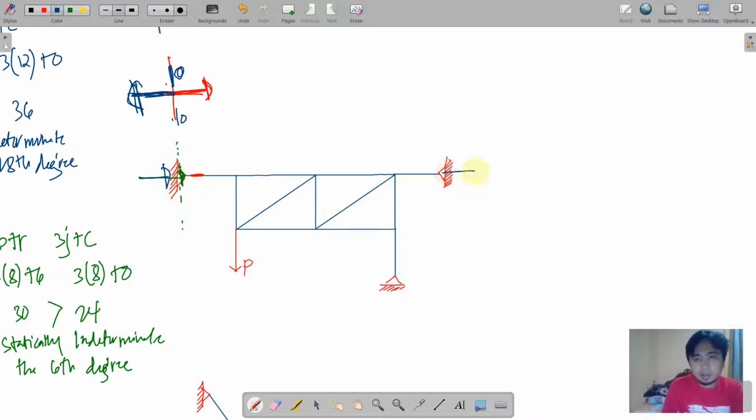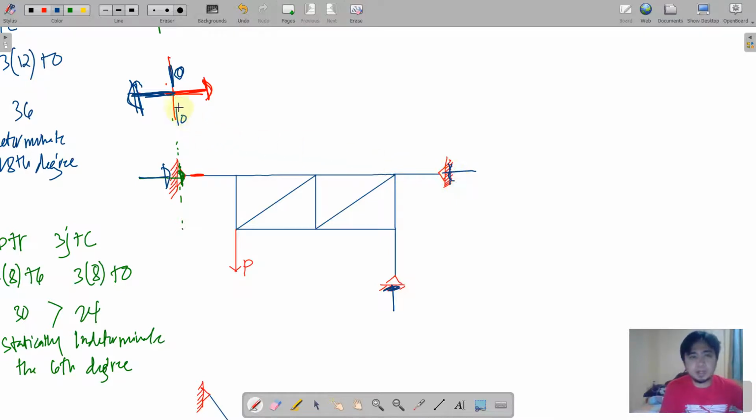Similarly, there will be also a single reaction here and another single reaction here, because all of the pin connections will be holding a single member only. Unless we have a diagonal member here, we cannot tell that the reaction is only one. But in this case, all of the pin members hold only a single member.